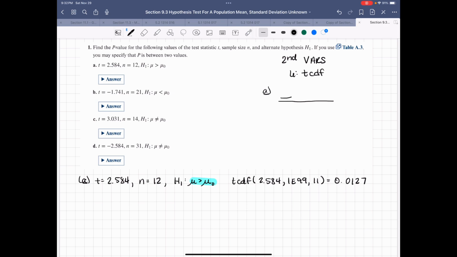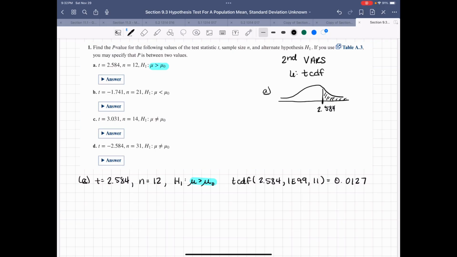Let's talk about what A has. Here, t is 2.584. We're looking for p, guys. That chunk right there, because it does say greater than.